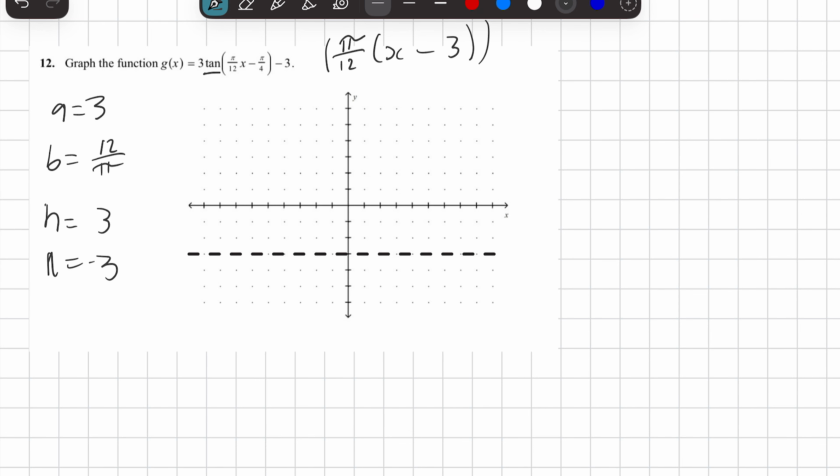So pi over 2 times 12 over pi, the pi's will cancel out, you get 12 over 2, you're going to have 6, and negative 6 there. And then the 45 is just half. I mean, you can do the math for it, but it's just half of 90, so this is going to be 3. This is going to be negative 3. So let's write our asymptotes.